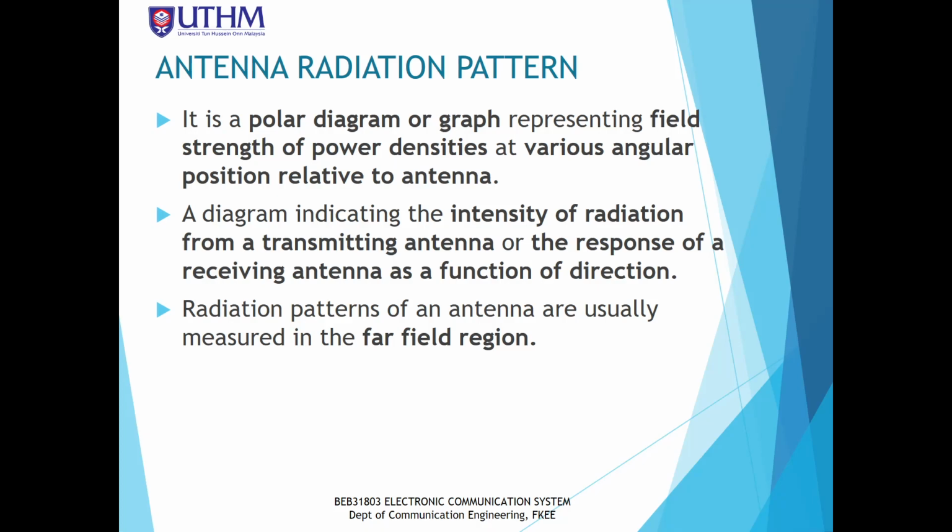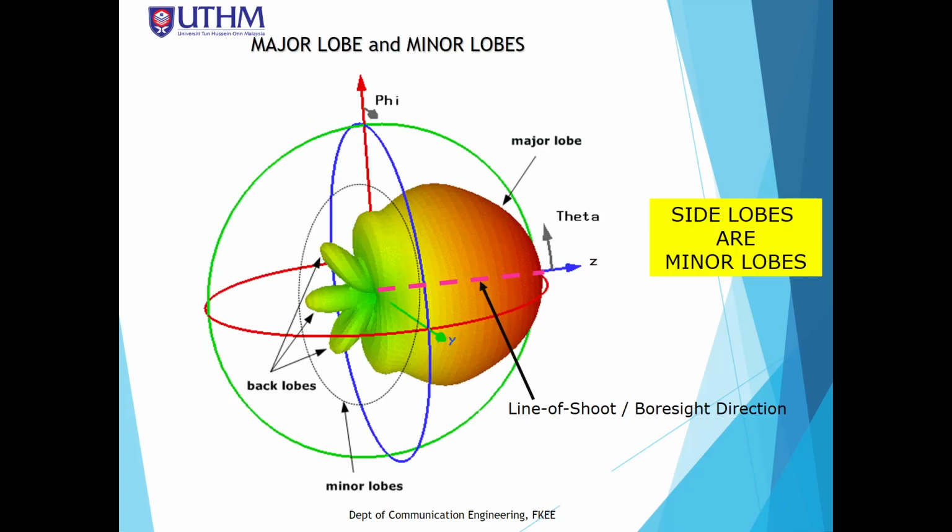Okay, so how do the antenna radiation patterns look like? It looks like this. This is the 3D radiation pattern. So ini bentuk 3D. We also have 2D radiation patterns, but the 2D radiation pattern has already been removed from the slides.